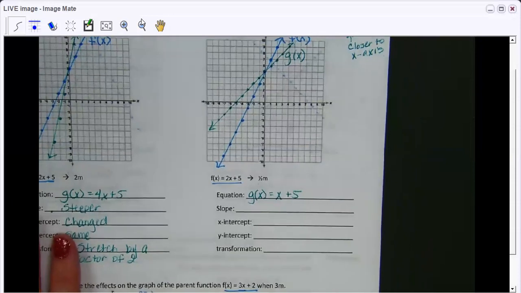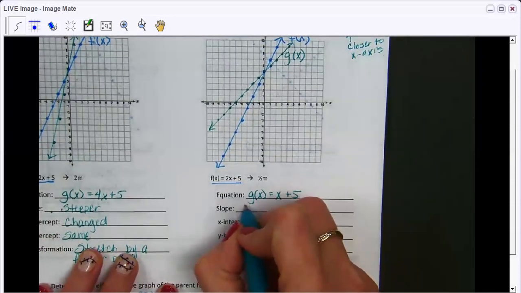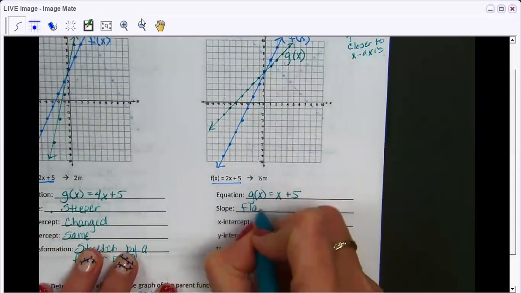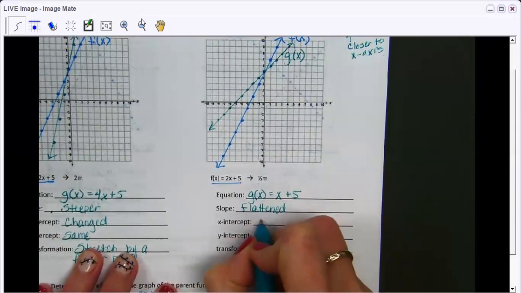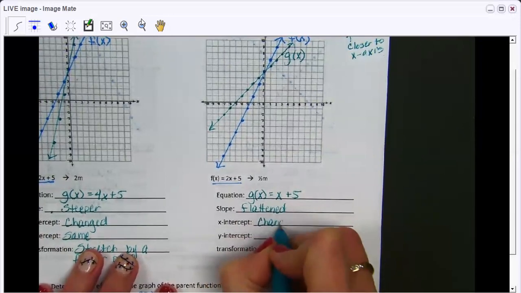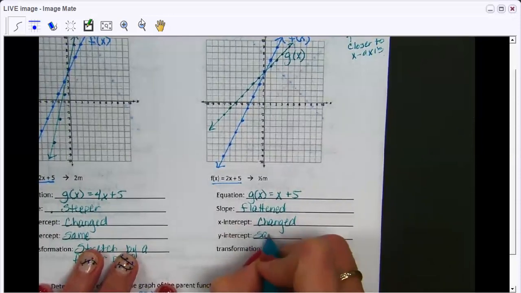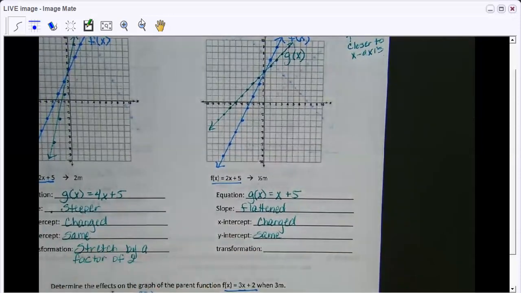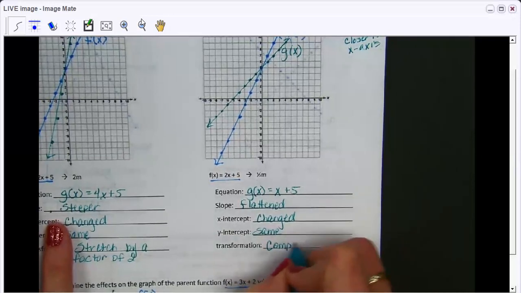So what happened to our slope? It got flatter or flattened. Our x-intercept changed. Our y-intercept stays the same. And the transformation is a compression by a factor of 1/2.